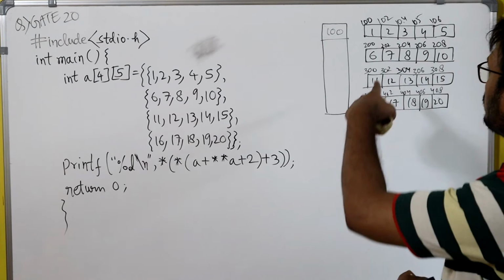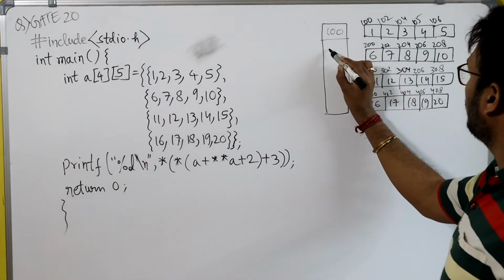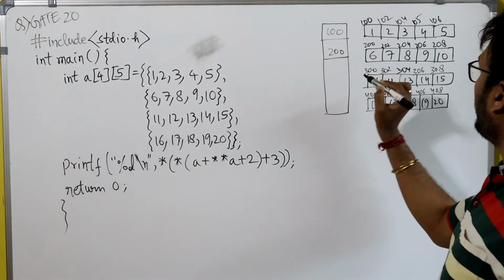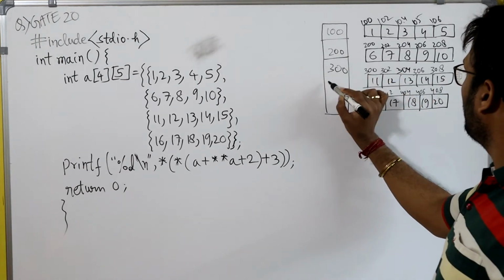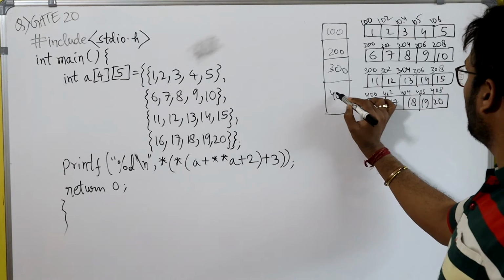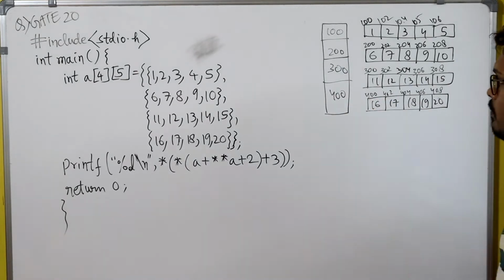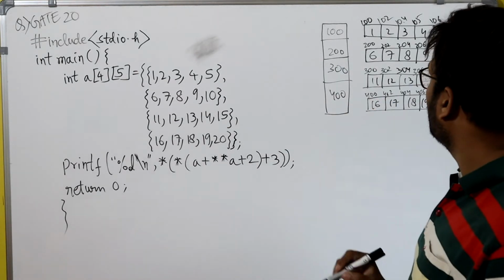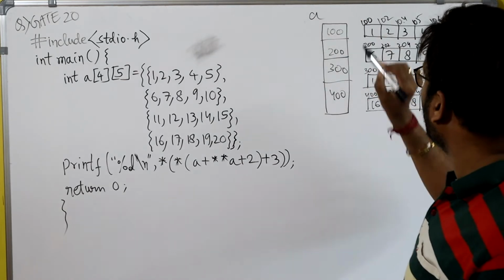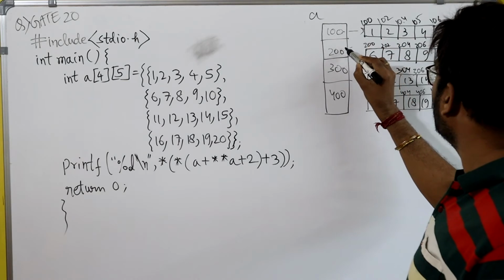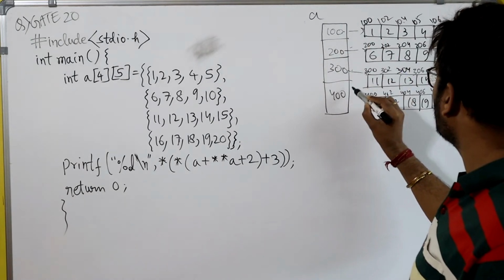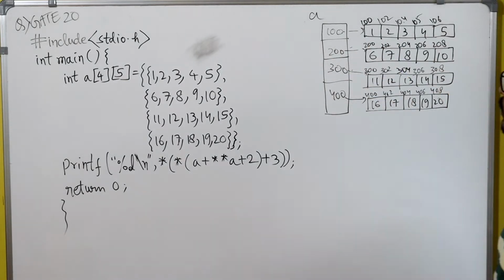The second array? 200. The third array? 300. And the fourth one is 400. So the array name means this 100 is pointing to this array, 200 is pointing to this, 300 is pointing to this, 400 is pointing to this.